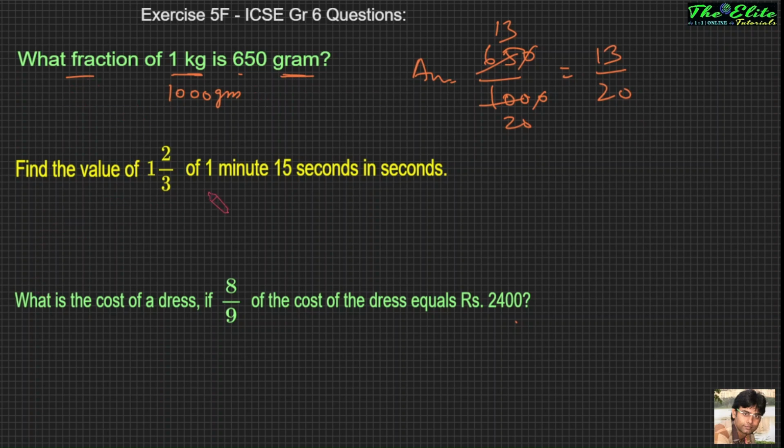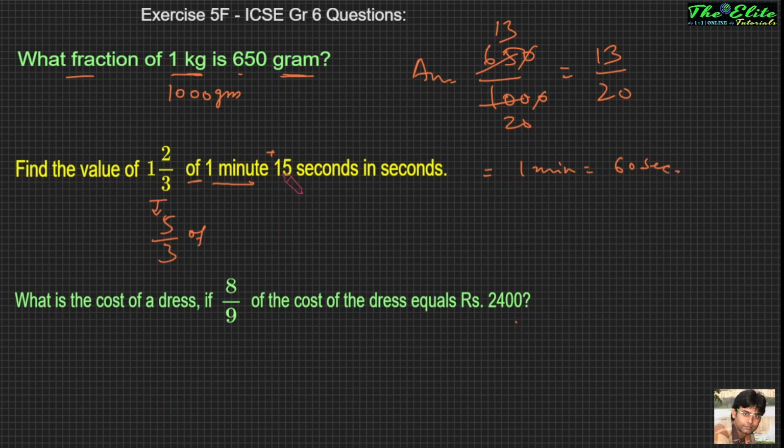Find the value of 3/5 of 1 minute 15 seconds in seconds. First of all, you will convert this into an improper fraction. This will give you 5 over 3. So 5 over 3 "of" means multiplication. We will convert this 1 minute into seconds and add it with these seconds to get our full time in seconds. So 1 minute is equal to how many seconds? 60 seconds, right?